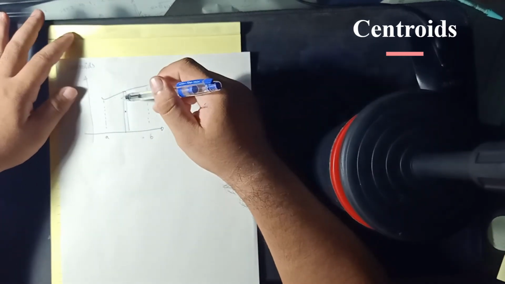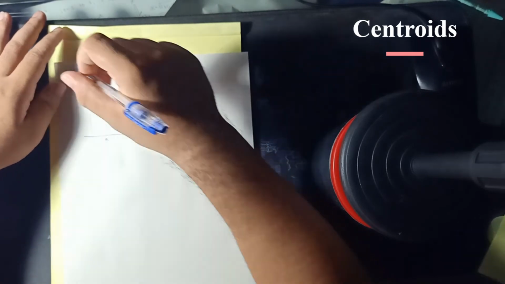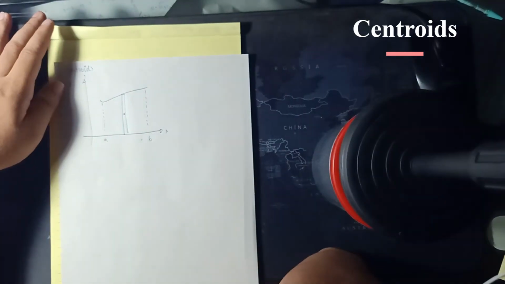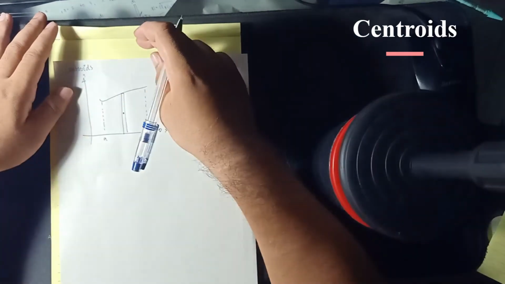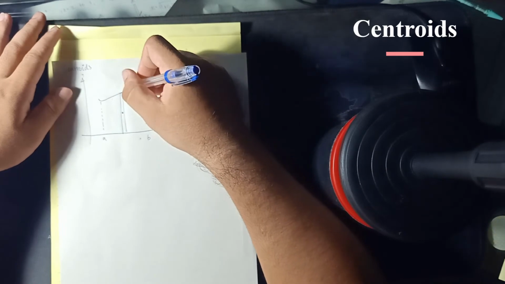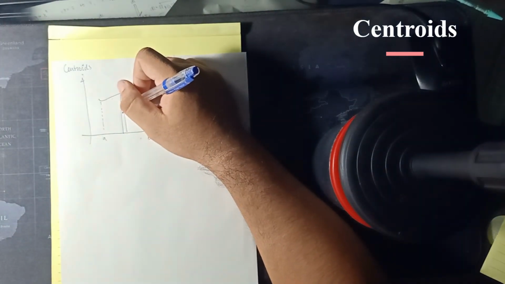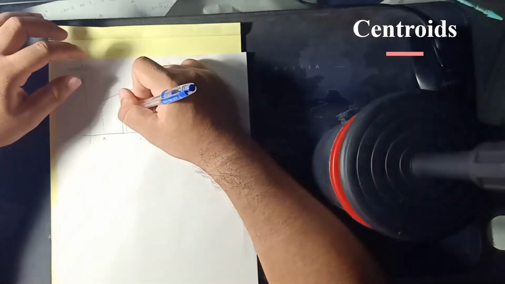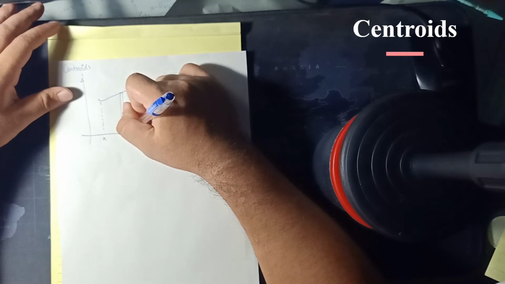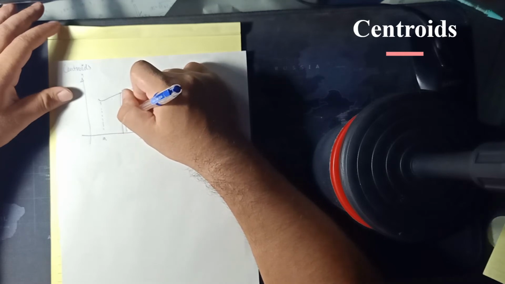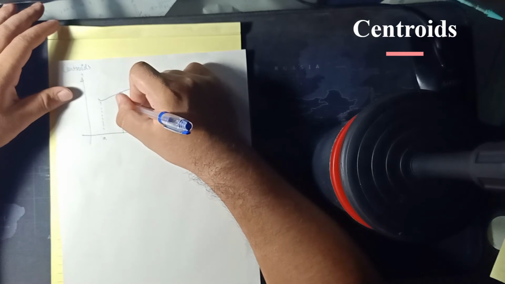So first, we have a curve from A to B, which has a strip here, and this point here is your centroid. Going down parallel to your y, this point here is your centroid.